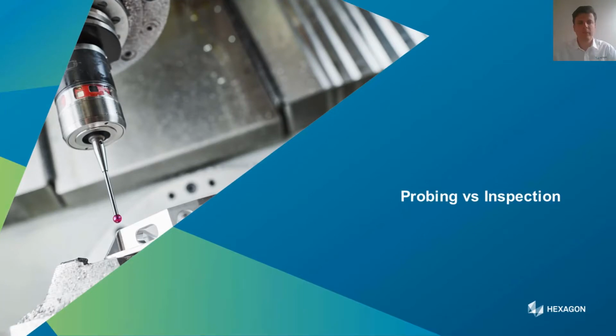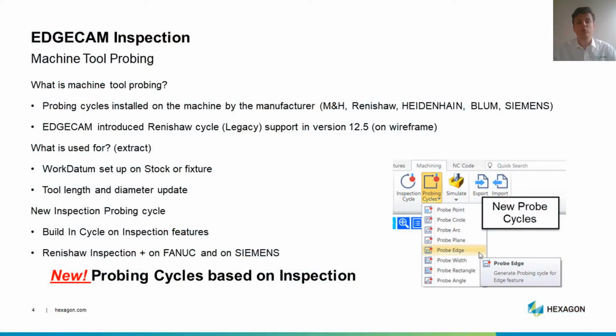Thank you, Miguel. Let's start with probing versus inspection. What is machine tool probing? When I talk about machine tool probing, I usually refer to the controller's canned cycles, so Heidenhain, Siemens probing cycles, or the third-party installed Renishaw, Blum, or MNH macros.